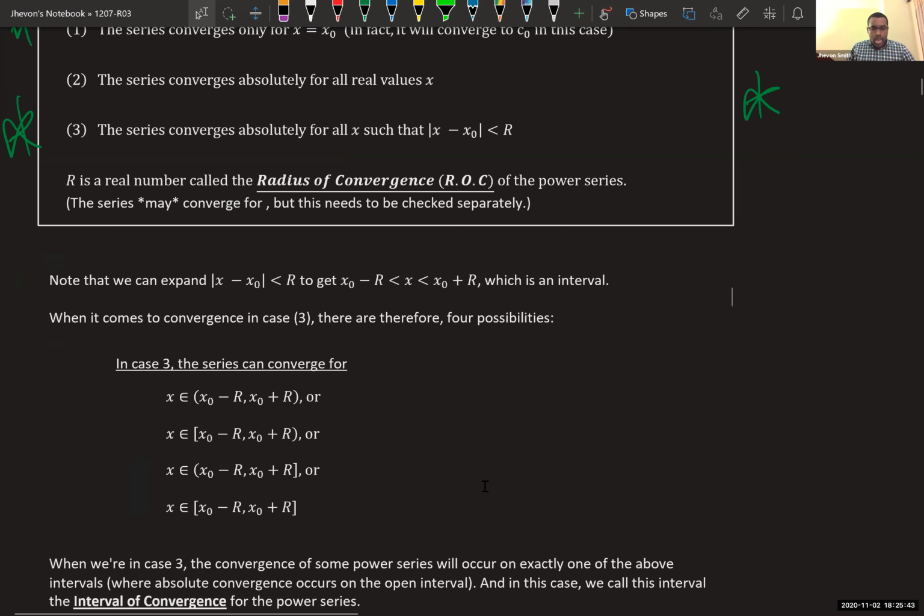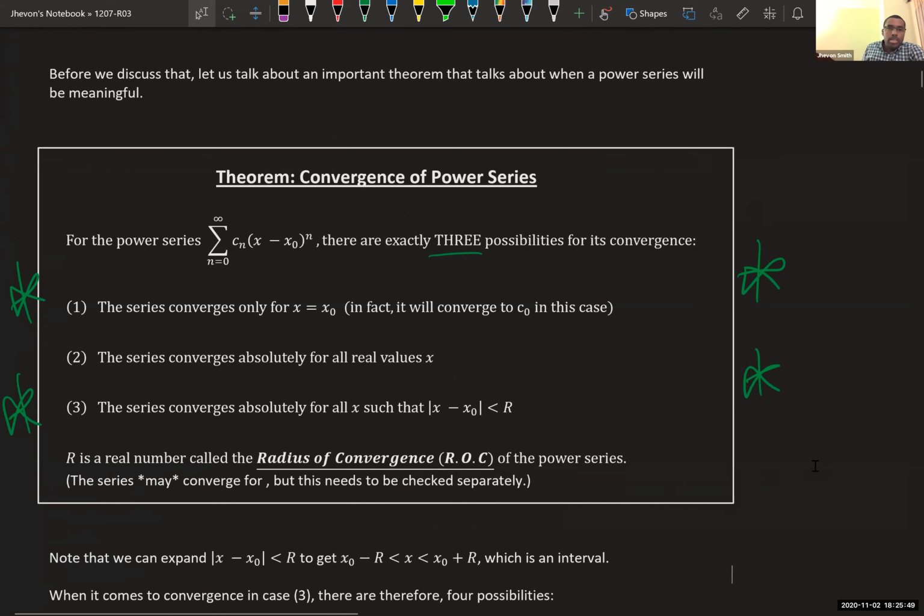However, a very important thing to know is that whenever we converge for some set of x values that is not just x naught, the convergence is absolute, and that's going to be very important. We already know that that's pretty important, but it turns out that we will have absolute convergence. The endpoints are not guaranteed to converge. They may converge, in fact, conditionally.